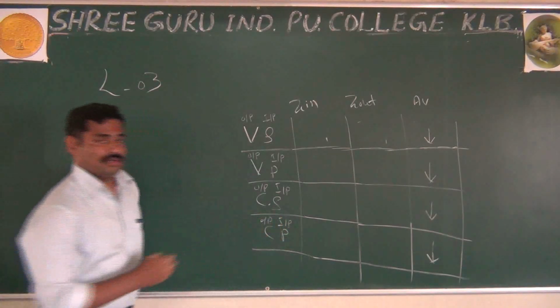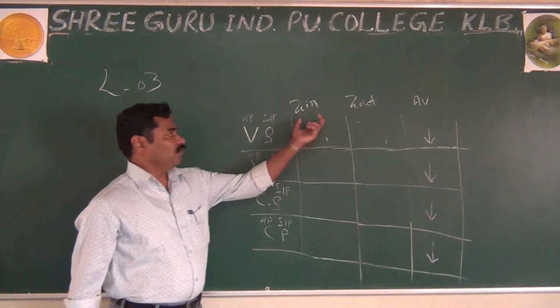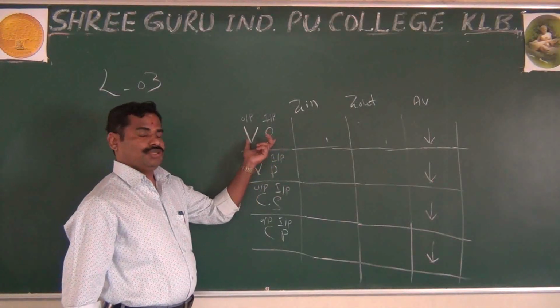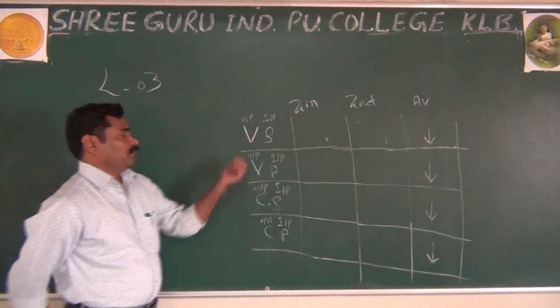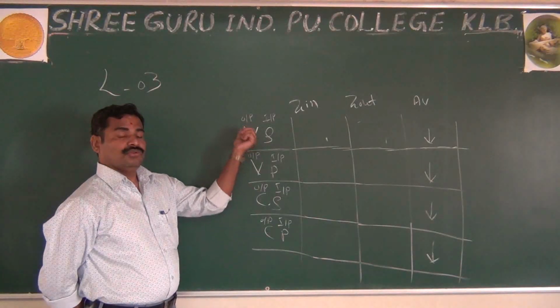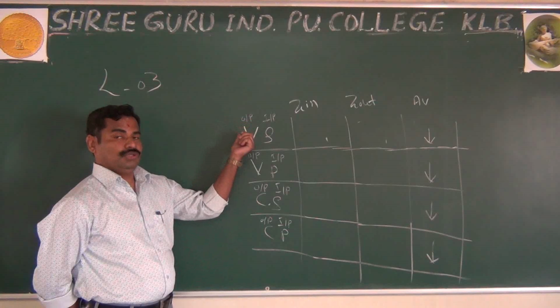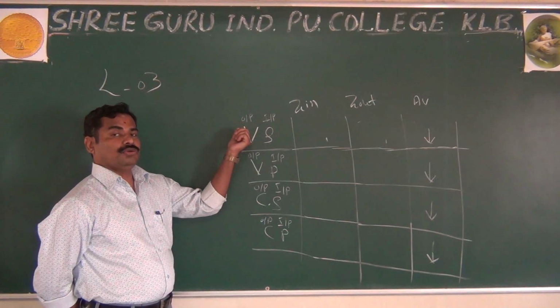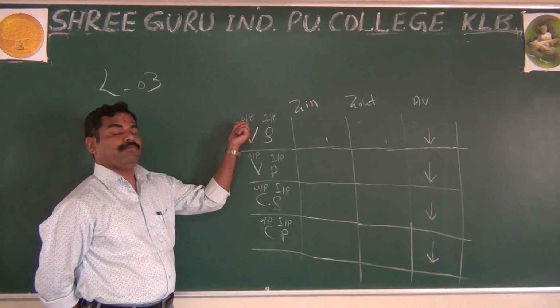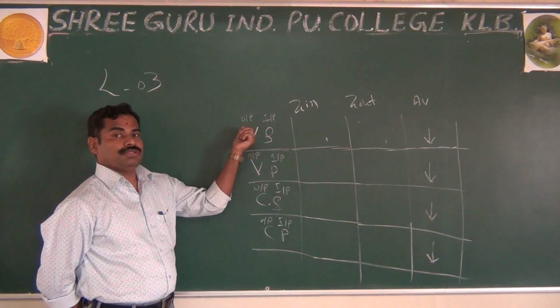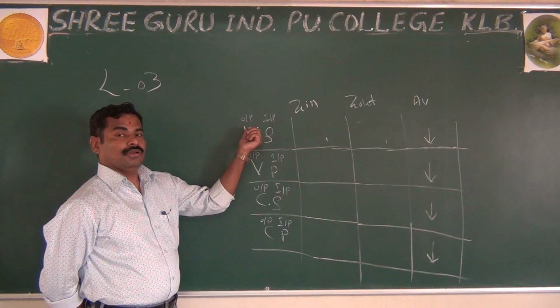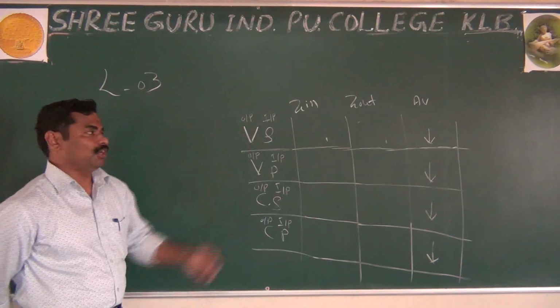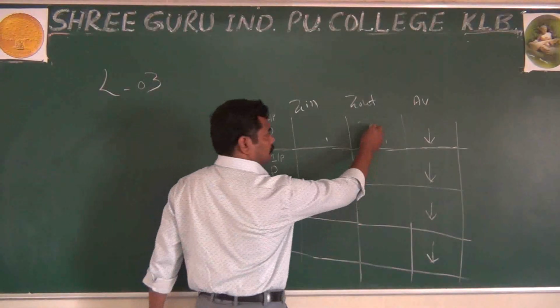Look here, as I said already, what is the voltage series? Input impedance and output impedance. In the output, what are you measuring? You are measuring the voltage. And how are you measuring the output voltage? By connecting in parallel. In parallel, what happens? Output impedance decreases.